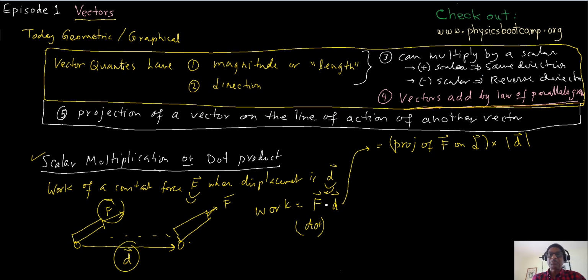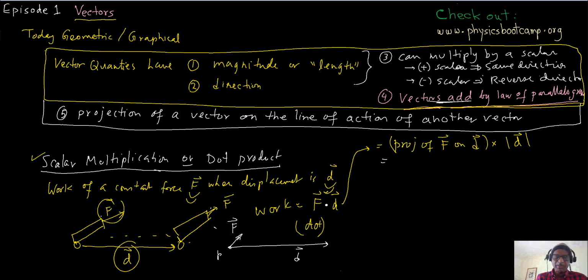From the previous formula, there are two vectors here, and they're in different places. I need to draw them at the same point, so D is that way, and this is the common point P, and I draw this force F. Now they don't have to be the same type of quantity, unlike adding vectors. When you're adding vectors, they have to be the same quantity. Multiplying, they don't have to be.